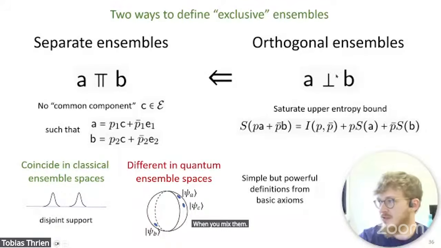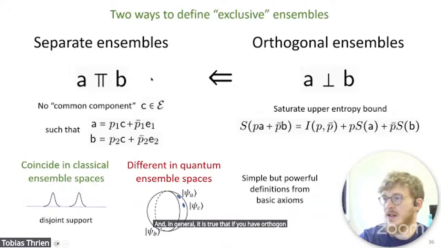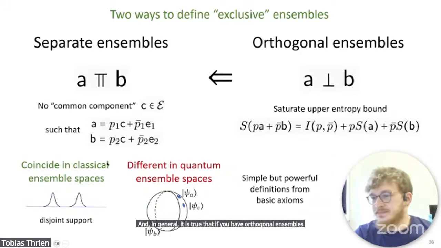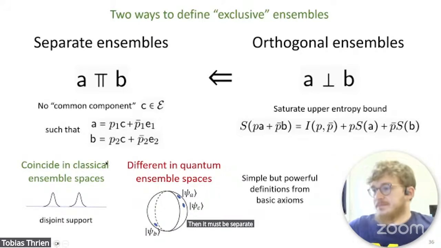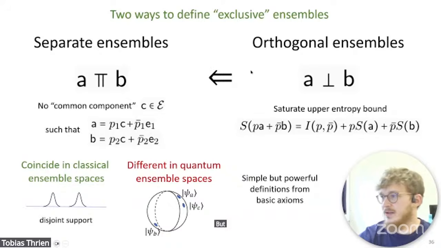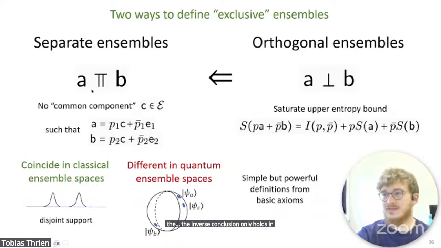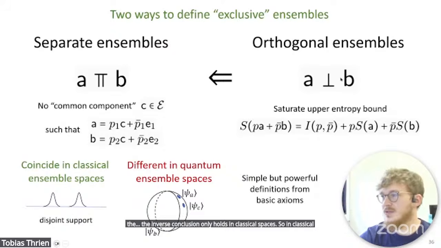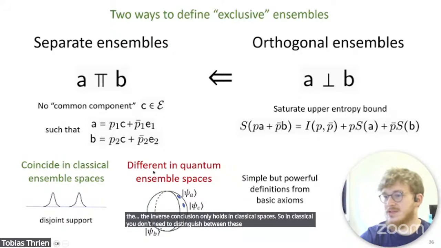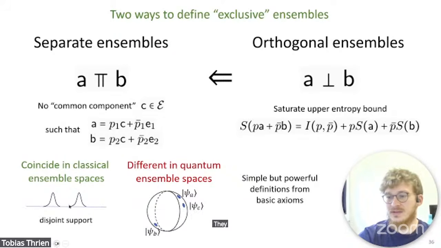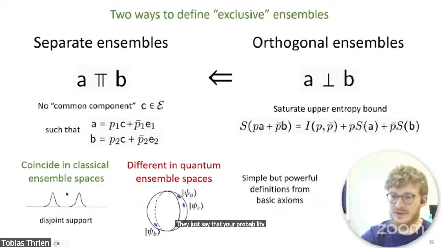And in general, it is true that if you have orthogonal ensembles, then they must be separate. But the inverse conclusion only holds in classical spaces. So in classical, you don't need to distinguish between these two notions. They are the same. They just say that your probability distributions have disjoint support.